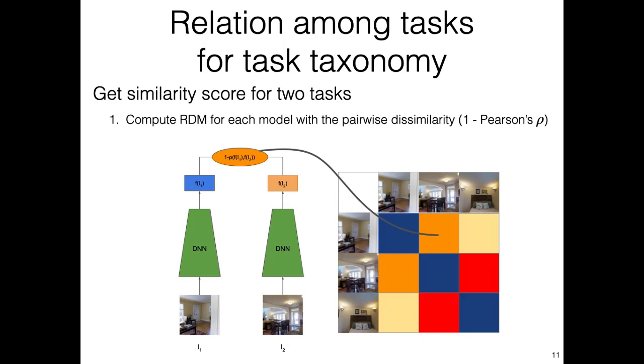Then you compute this dissimilarity between the pairs of representations or feature activations, and each of these pairwise dissimilarities will be an entry in this matrix. So at the end of the day, your matrix will be a square matrix of size the number of images that you are using.